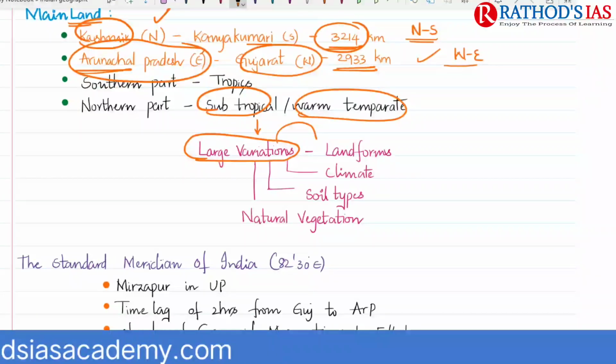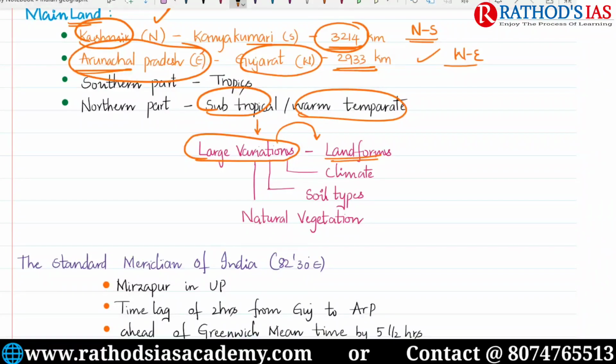Because of these variations, we can see different types of landforms, different kinds of climate, different types of soils, and different types of natural vegetation. So this is very important. And this is about the mainland of our country.